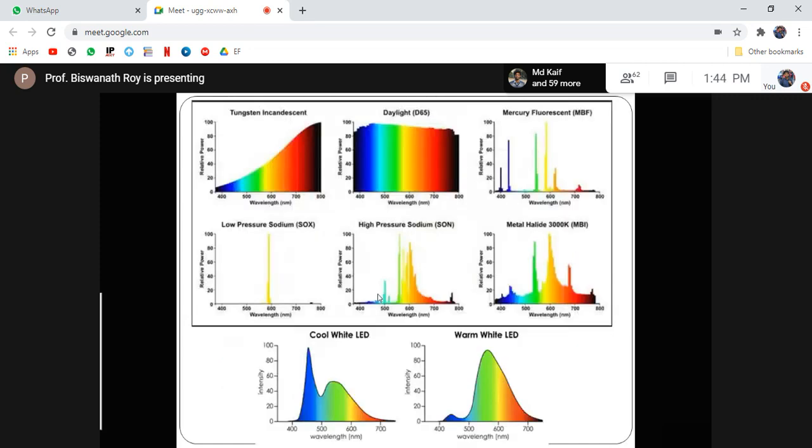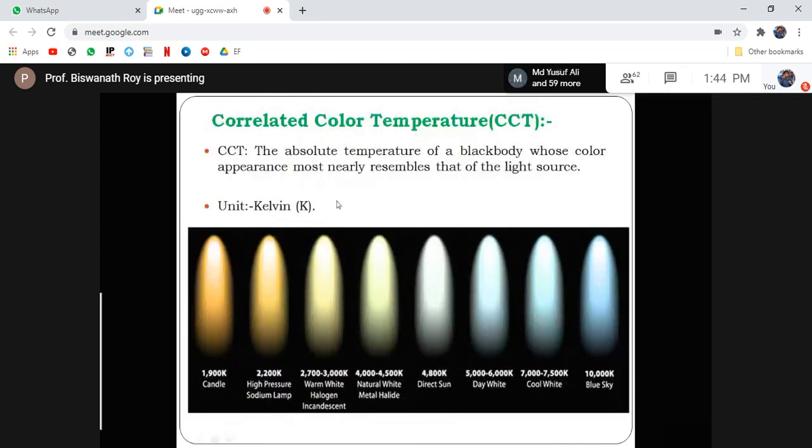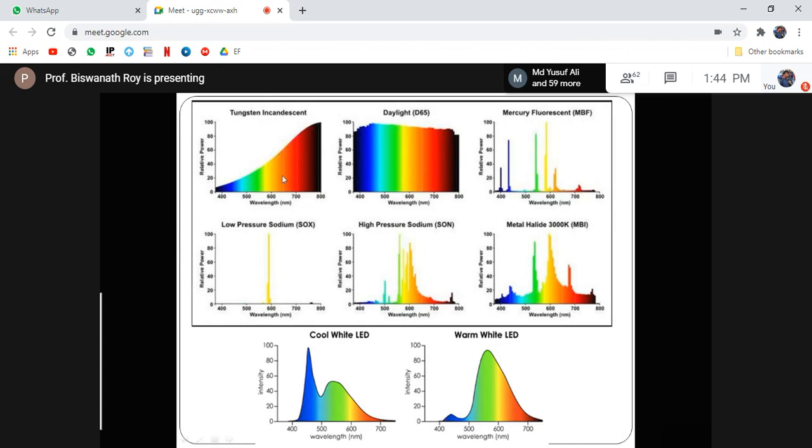Yes, I am going to repeat the CCT portion. CCT measures the color appearance of the radiation, whether of white light, whether the white is yellow white, neutral white, or blue white. See, when you look here, we see that the blue emission is more with respect to the yellow-red emission.